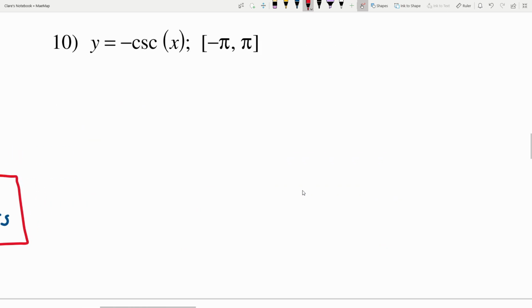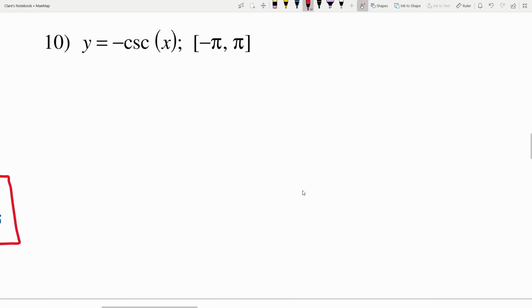Now lastly, in number 10, we're going to bring in some trig. So, if our function is y equals negative cosecant of x, we need to take the derivative of that and see when that equals 0, because the derivative equaling 0 indicates that we have a horizontal tangent line at the point where that derivative is 0.